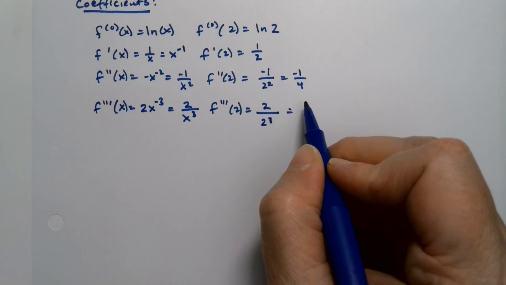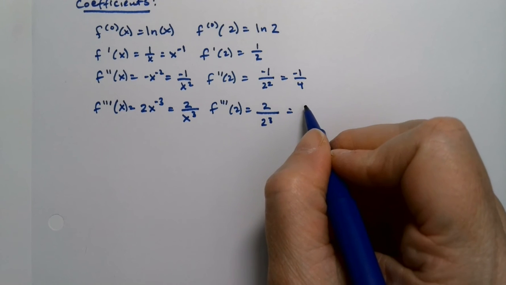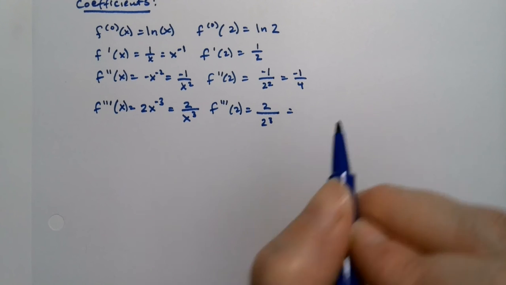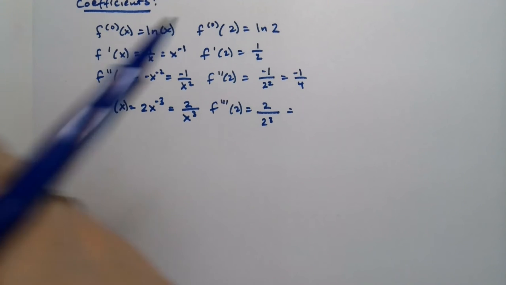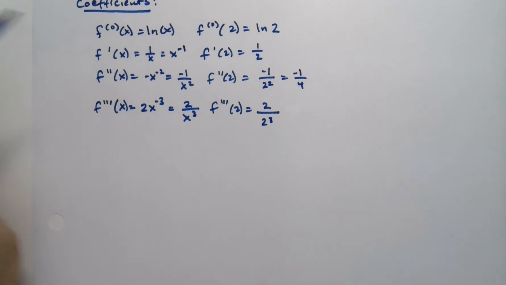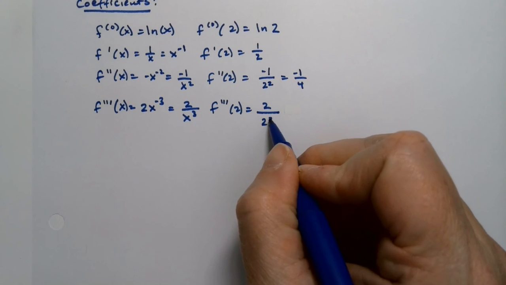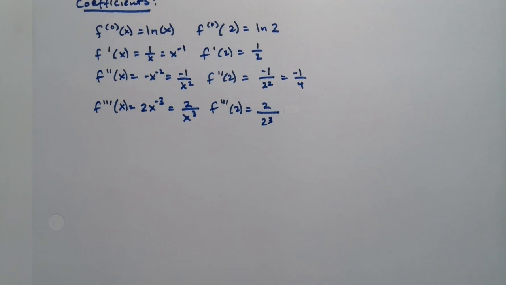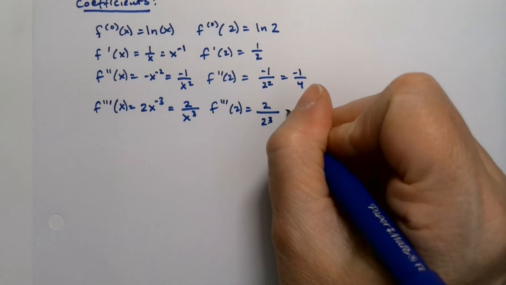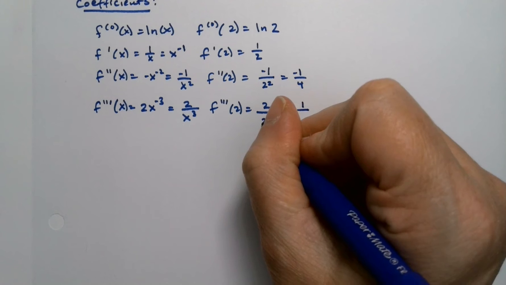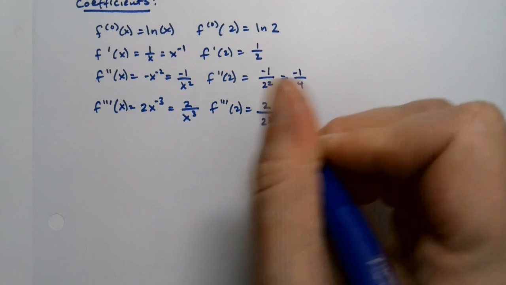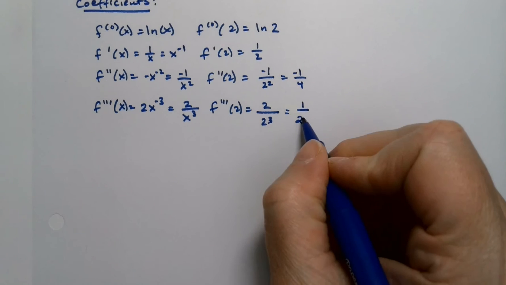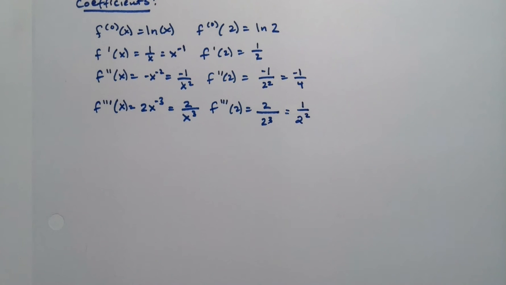In other words, well, let's just leave it like that. 2 over 2 to the third. Of course, you can reduce it. I think I will. I'm going to make it positive 1 over, actually it's over 2 squared, which is 1 over 4 again.